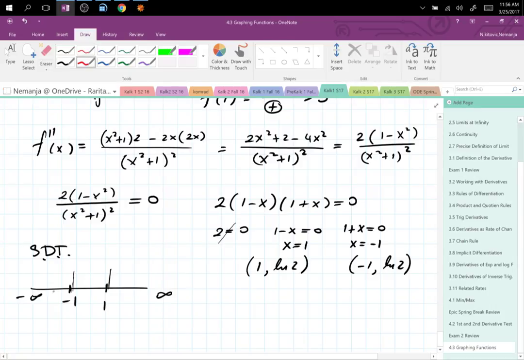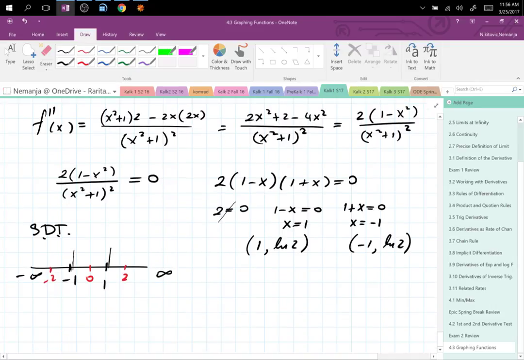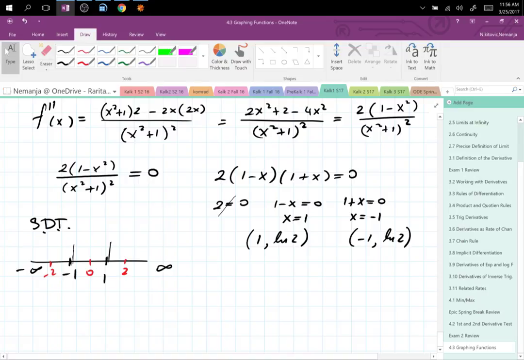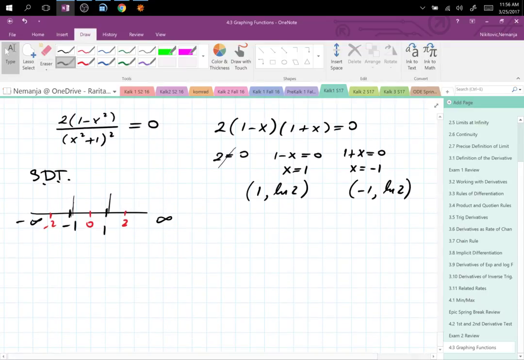So we can use, I guess, negative 2, 0, and 2. All right. So second derivative, maybe I should label these inflection points.